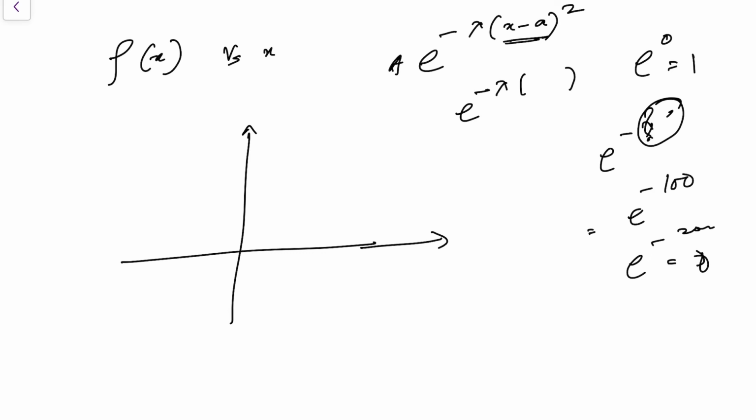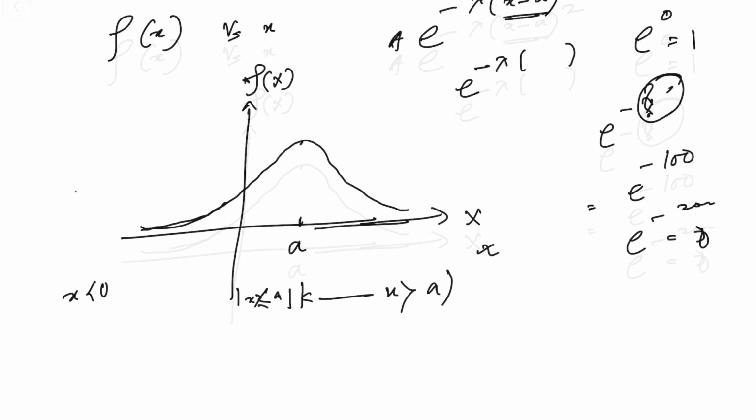So suppose this point is a, when x is equal to a, this will be maximum, otherwise it will vary like this. This is the positive x-axis, this is rho of x. This is the required graph. Hope you have understood.